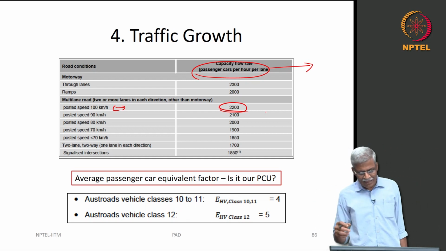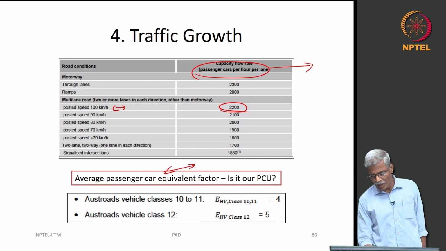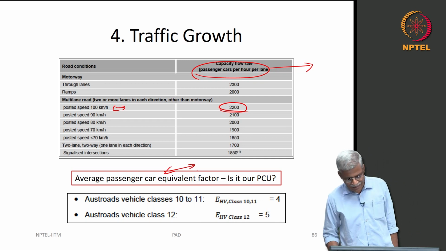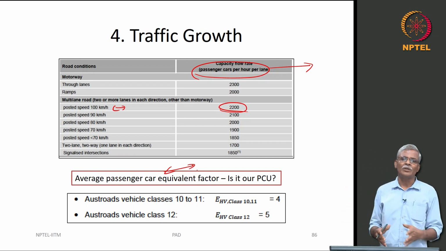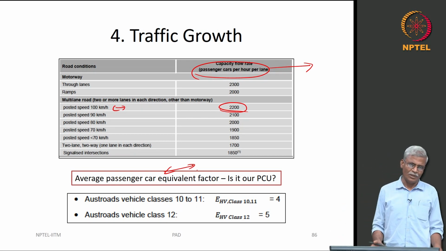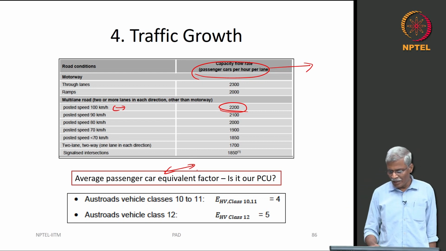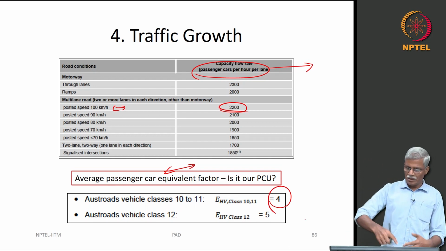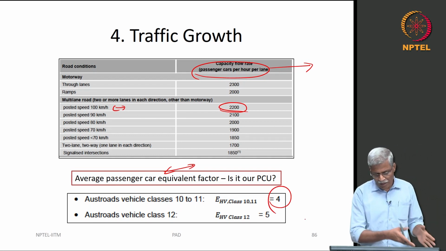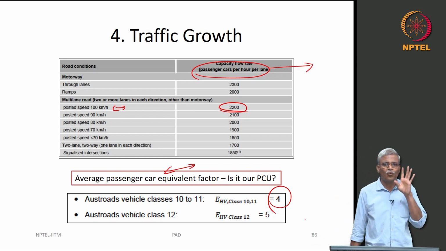Now, the interesting thing that you are going to use is the average passenger car equivalent. What is given here is something similar to our passenger car unit that we are familiar with. As far as the Austroads vehicle classes 10 or 11 are concerned, this passenger car equivalent factor for the heavy vehicle is of the order of 4.